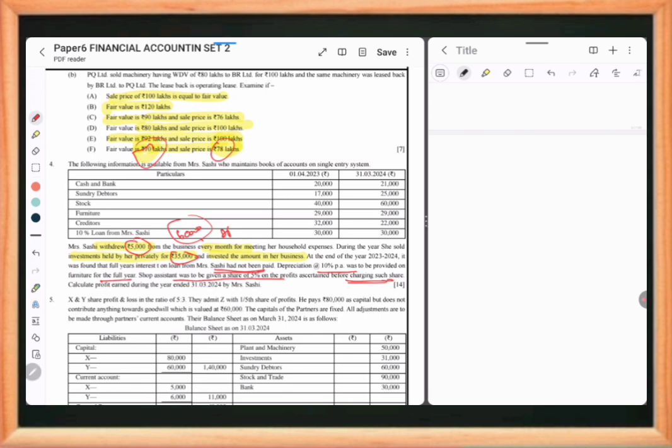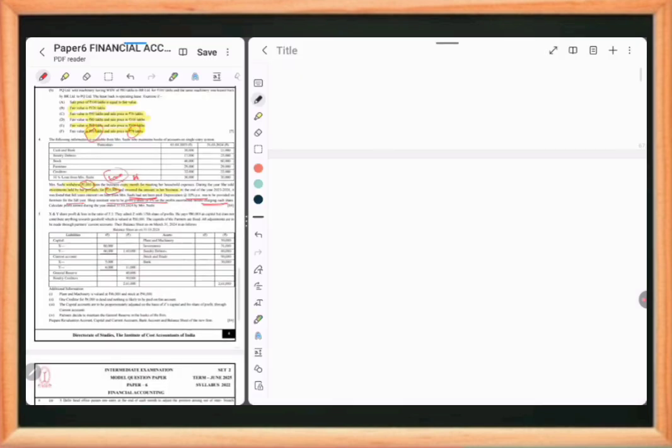First, we will prepare the statement of affairs for the first year and second year. We will find out in a tabular column the balance statement of affairs as on 1/4/23 opening as well as 31/3/2024, the end of the year.